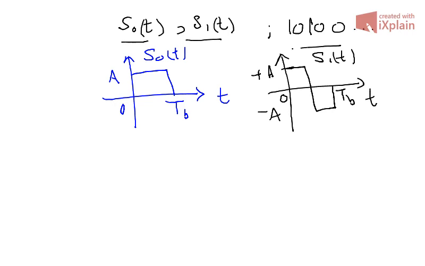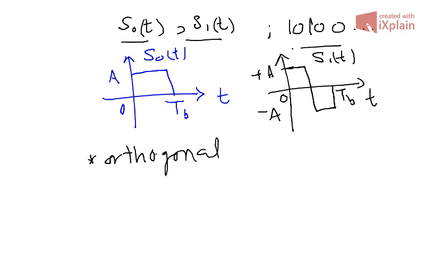They are like complete strangers for each other, S0 of t and S1 of t. The correlation being zero means they have no similarity, and you can verify it. Just try to find out the product and integrate it over this period, and you would see that it turns out to be 0. So these waveforms are orthogonal. That is the property of these waveforms.